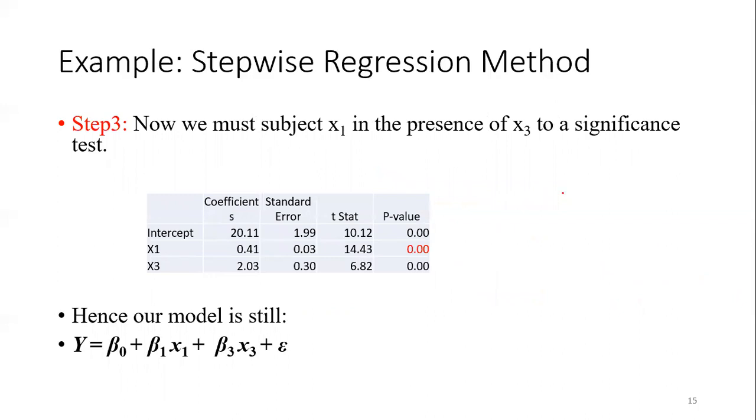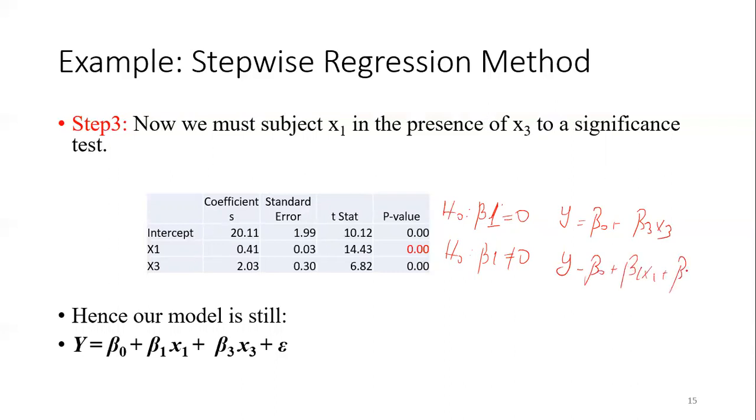The next step: remember, I'm in stepwise regression. I just added the second variable. I will check whether we can remove x1 or not. So my question is, H0: beta 1 is equal to 0 versus beta 1 is not equal to 0. I'm checking Y equal to beta 0 plus beta 3x3 versus beta 0 plus beta 1x1 plus beta 3x3.